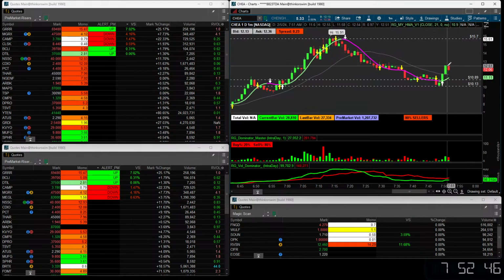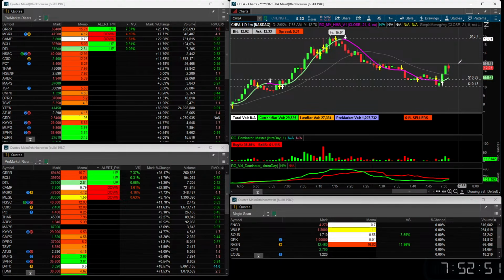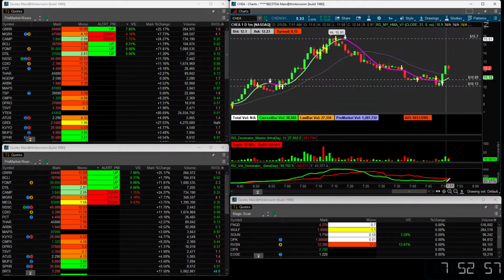Still looking good, even though we got a red candle. It's looking good on my other indicators. I'm seeing the green bar coming in. We're below the red here. That's the caution.